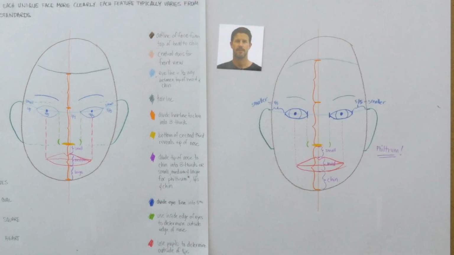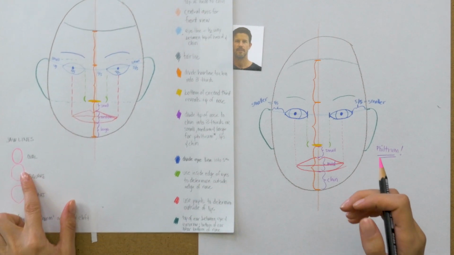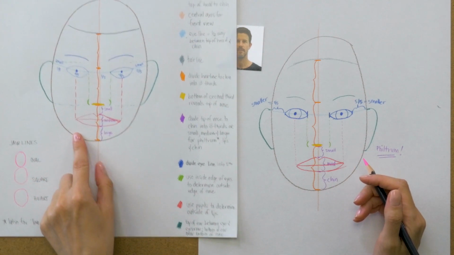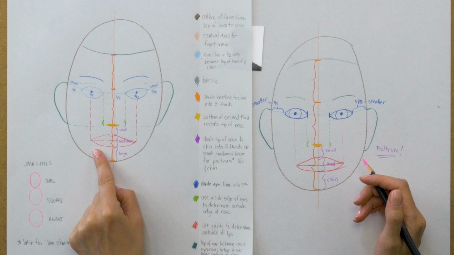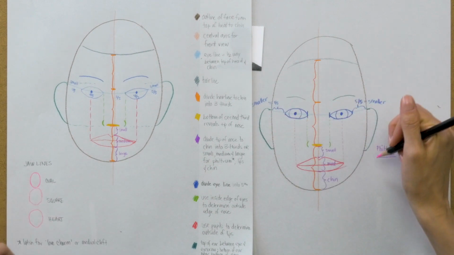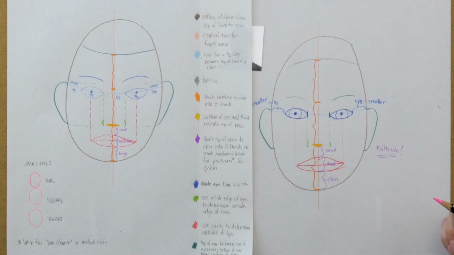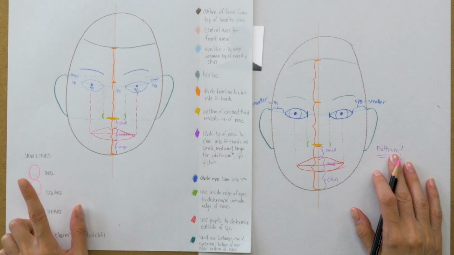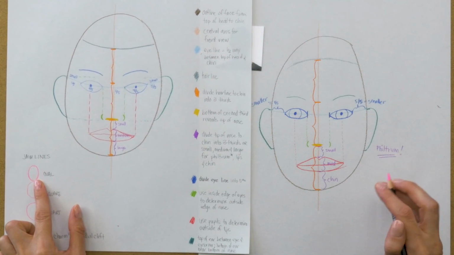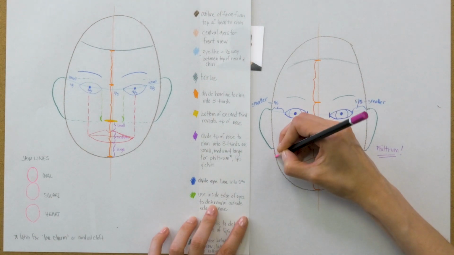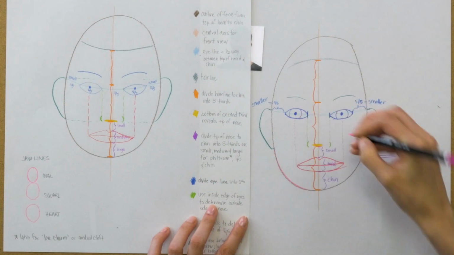Okay, last step that we're going to look at is the jawline. So here's your jawline. I've just drawn sort of a blanket oval, so we aren't really looking at the person that we're drawing in this case. We need to add that detail in. So sometimes you're going to see a very oval jawline.